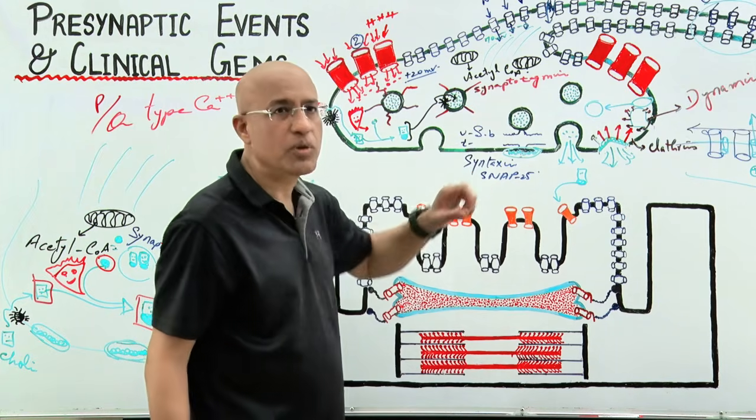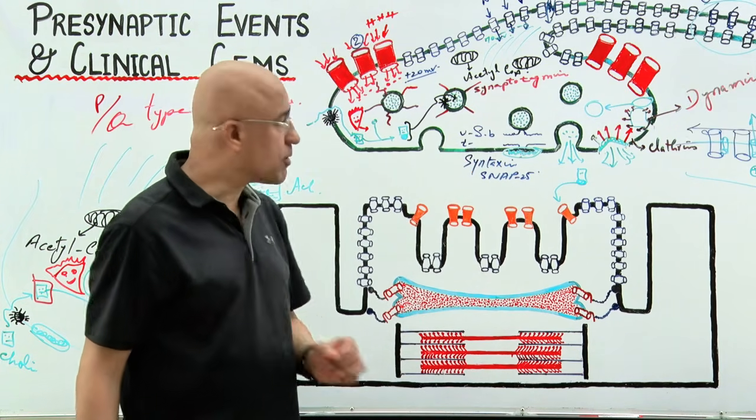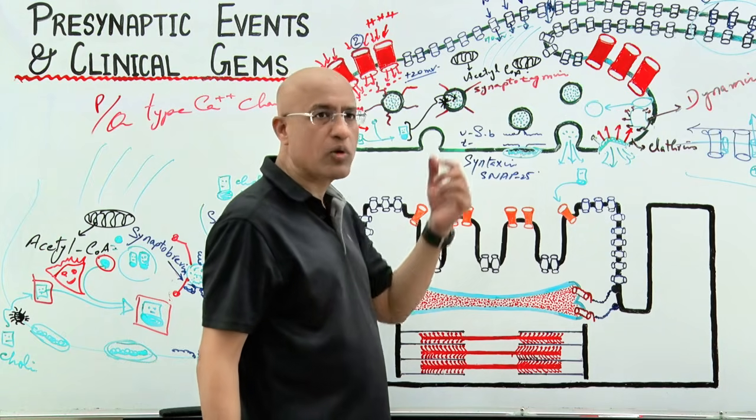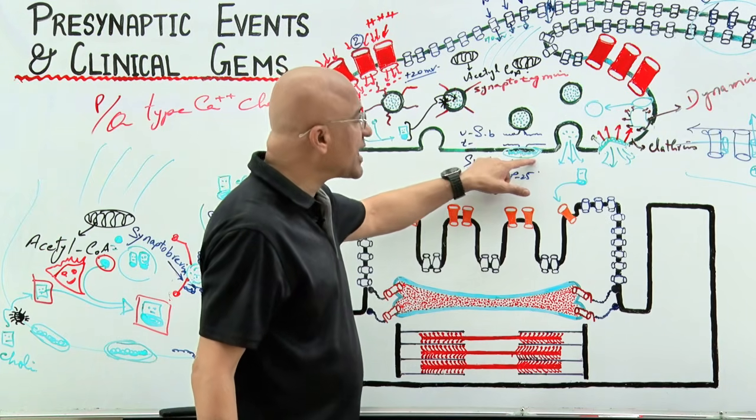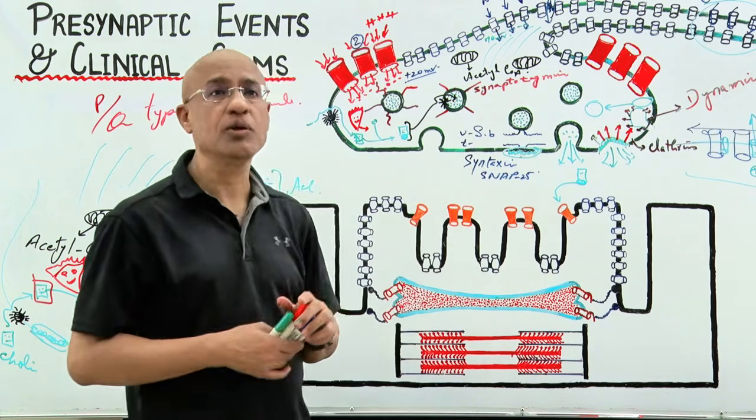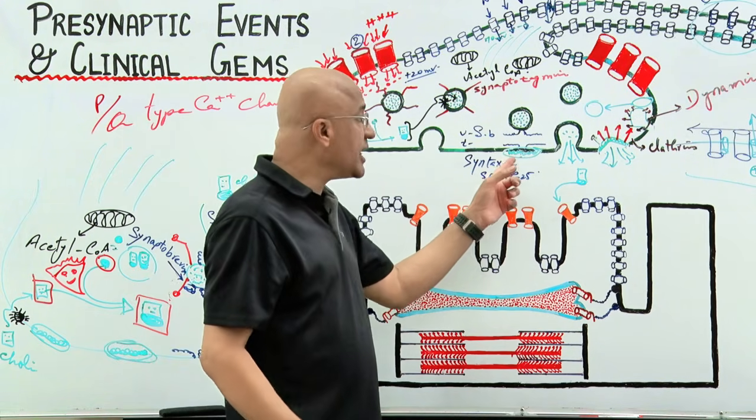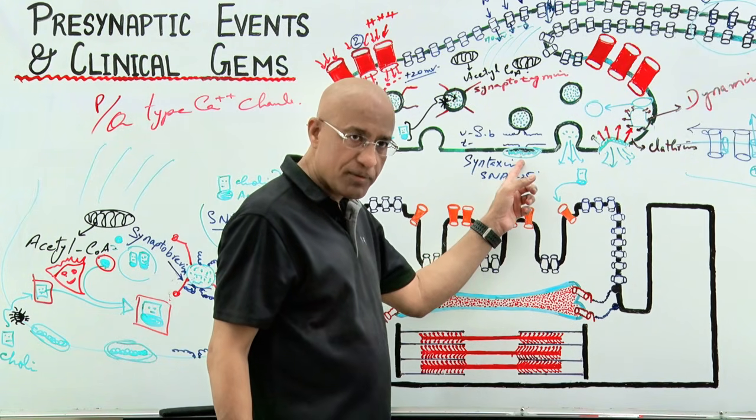Now, this active zone has some speciality. At a super micro level, these active zones are very efficient. Why? They have especially high concentration of calcium channels.